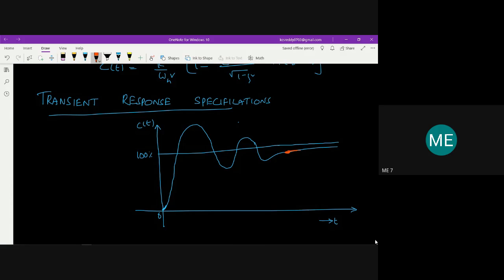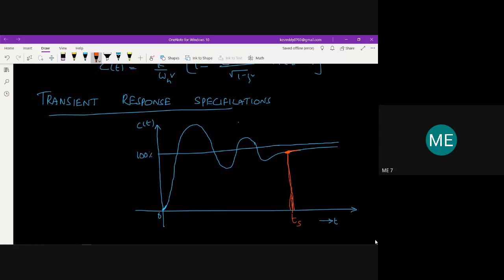How much time is required to reach the steady state is called the settling time. That is what we told while discussing the steady state analysis.